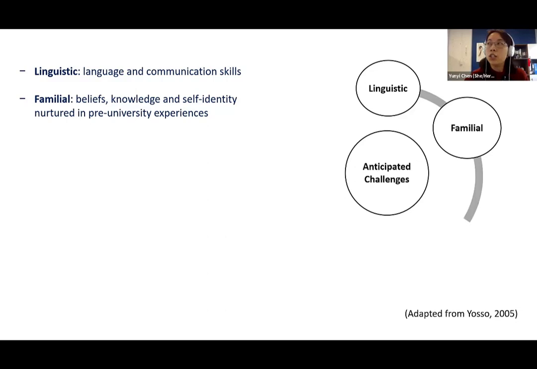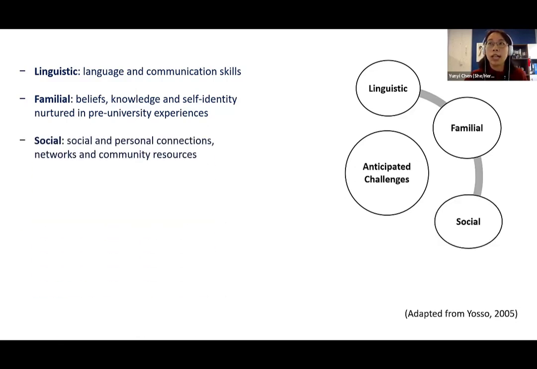And the third challenge, which we also covered very well in the activity, is the social challenge, which refers to the loss of social and personal connections, networks, and community resources when our students moved across borders for education. It usually takes a longer time for people to build new networks and relationships.